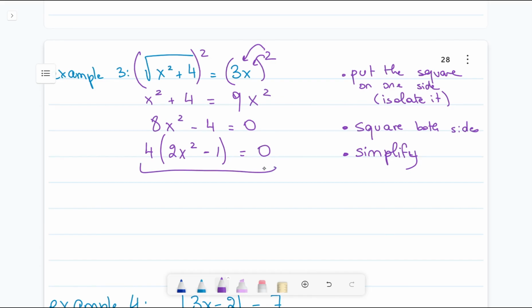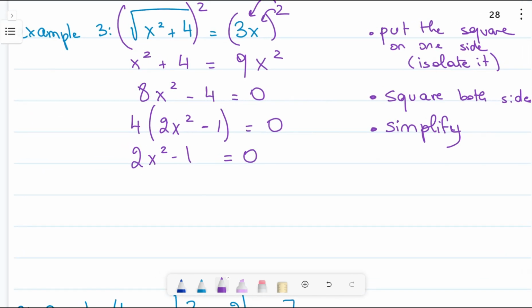So if the answer is 0, at least one of these two factors has to be 0. We can clearly see that the 4 is not 0 because 4 simply is not 0. So 2x squared minus 1 has to be 0. And how can we simplify this? Maybe if I rewrite it in a different way, it might look clearer.